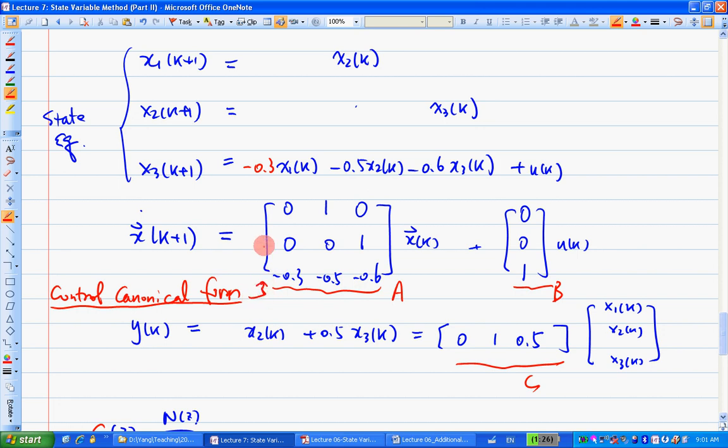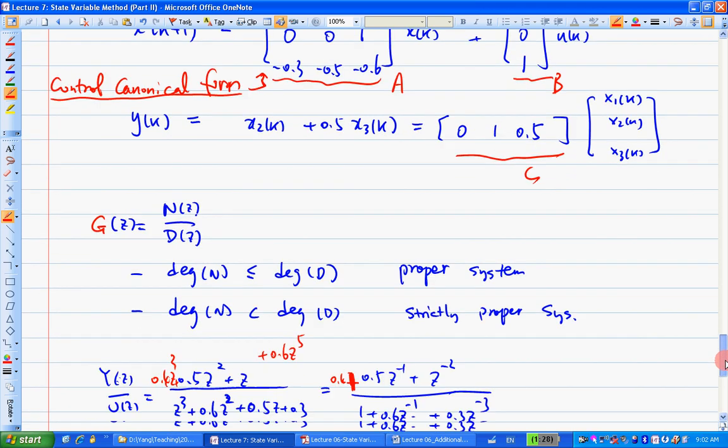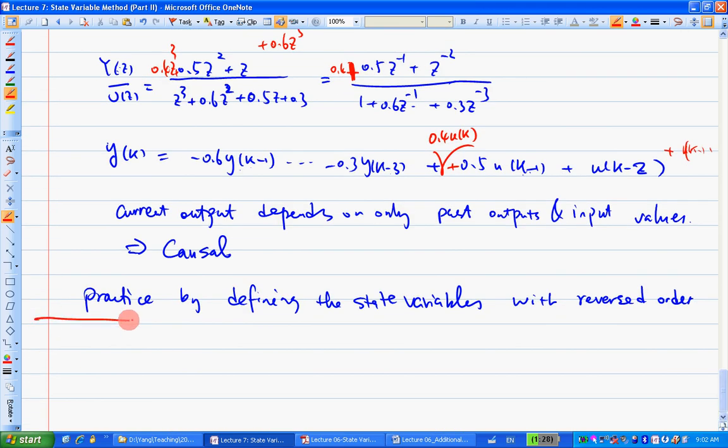We'll learn what the control canonical form is, but just remember right now that the process we did gives us the control canonical form.